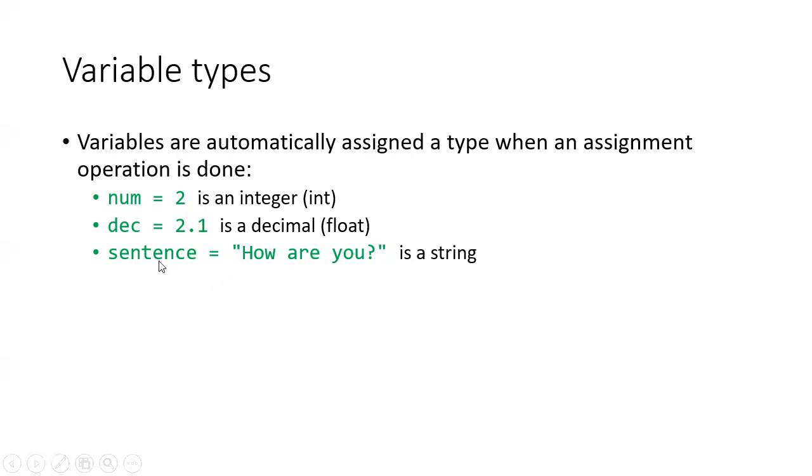So here we're creating a variable called sentence. We're assigning it the value, and we can tell it's a value because it's between double quotes. So this is a string. Each one of those characters in that string, including the spaces, can be identified and used separately.